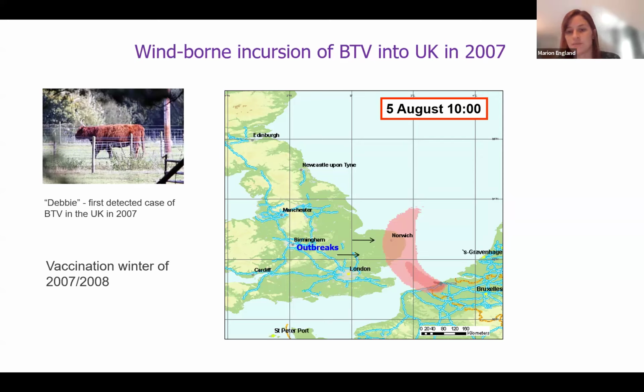And yeah, so we could basically model the particles blowing across the sea. And we were able to identify that midges were blown across from a source in Belgium on the 5th of August, because this is when the wind was blowing in the right direction.